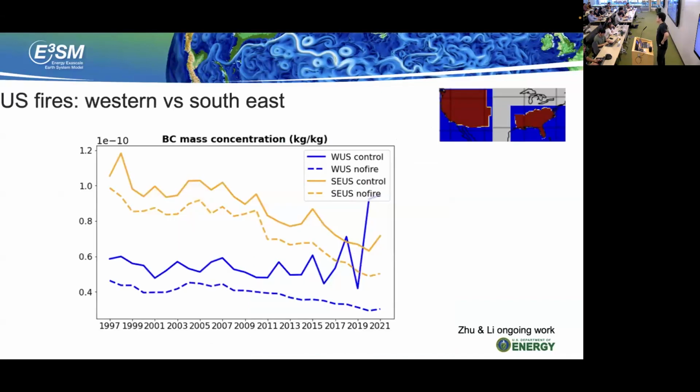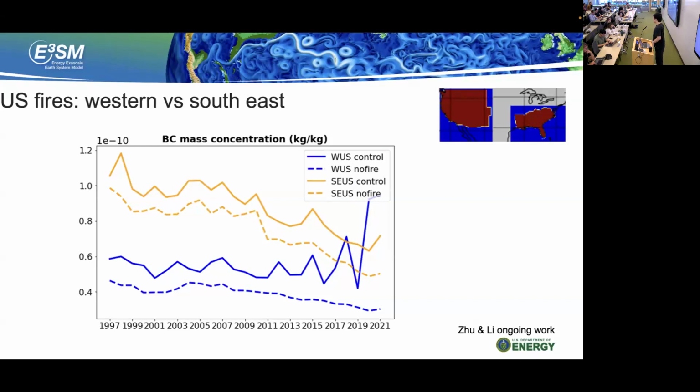And this is an example of ongoing work and analysis. We are particularly interested in the comparison of the Western and Southeast US because we think historically people just pay too much attention to the Western US. I don't know, maybe because we live here. But obviously the West is a very major fire region.